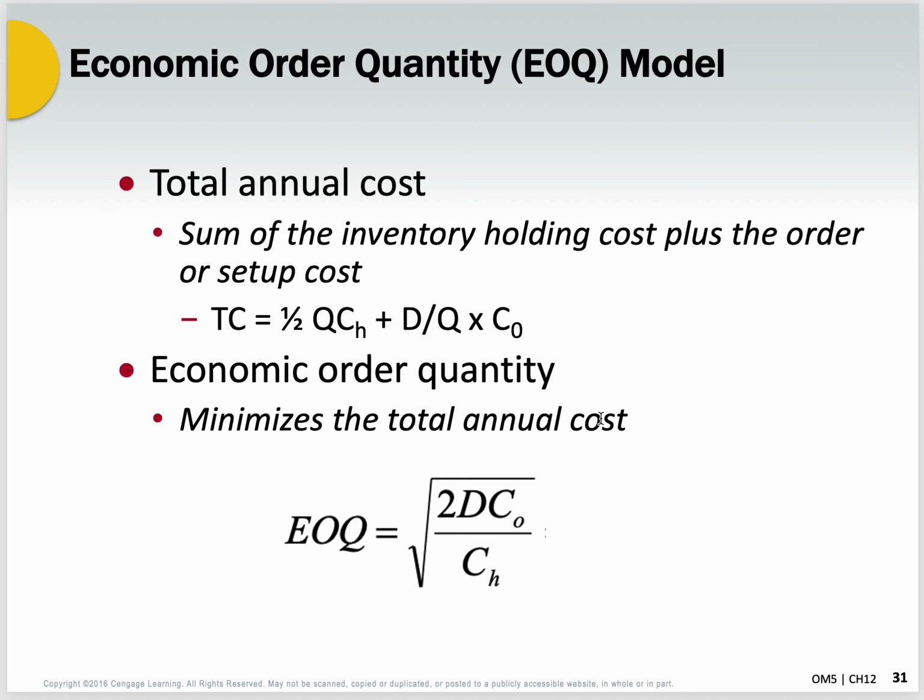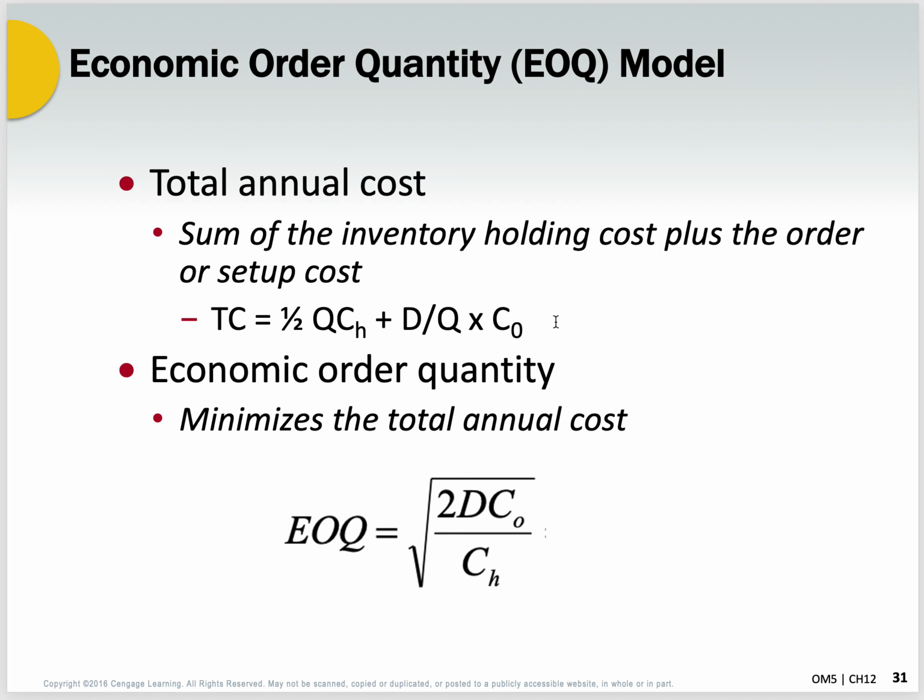Now, the annual total cost is this. Total cost equals 1/2 the quantity times the holding cost. So that's your holding cost, plus D divided by Q, number of orders per year, times the ordering cost. So that becomes your total order cost, and I'm trying to minimize that.